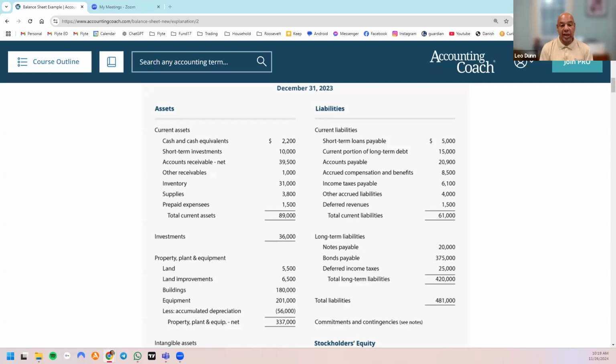Okay, very good question. For financial statement purposes, assets are recorded at cost. So any increase in value is not considered in your financial statements.